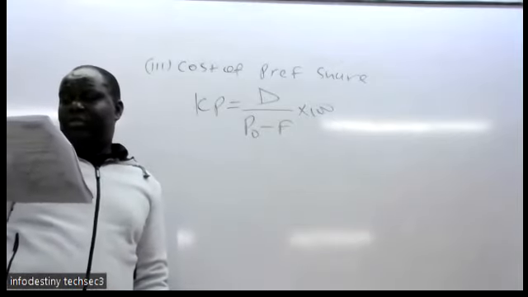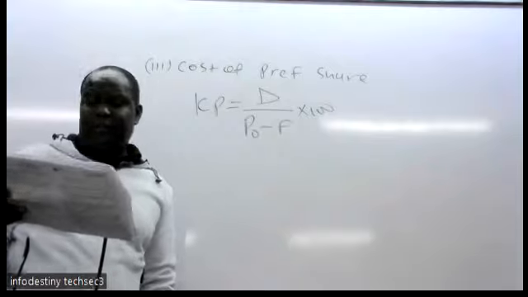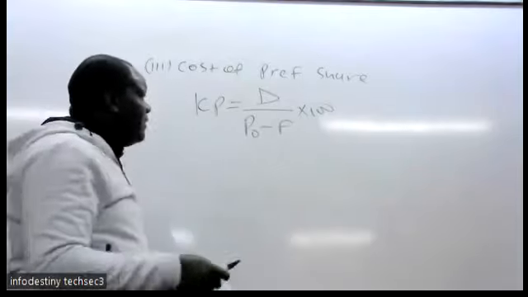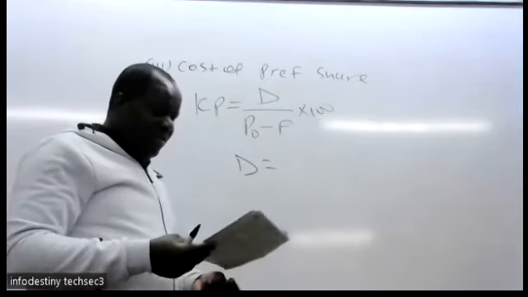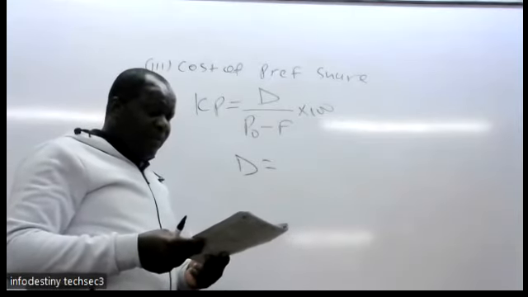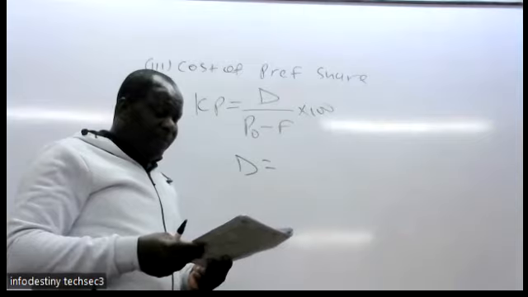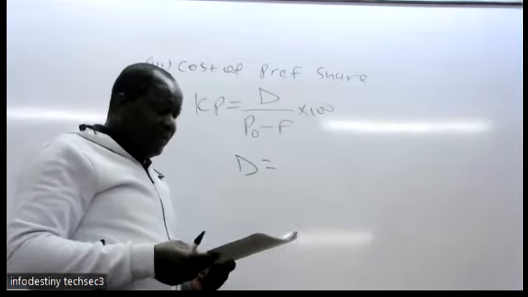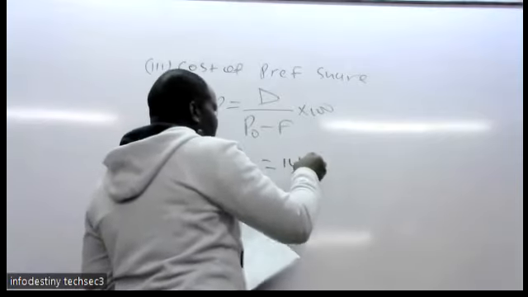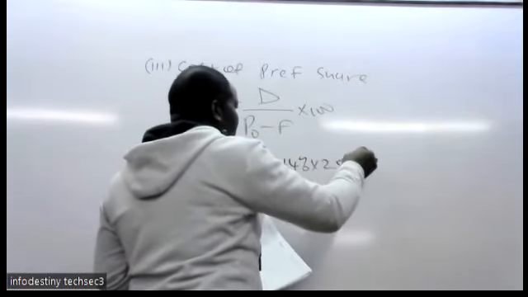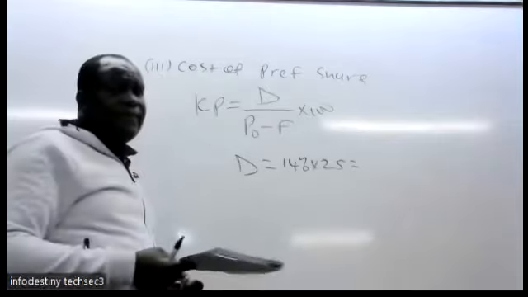To compute the dividend, it is calculated on the par value. So it is meant to be 14% of the 25 shillings.